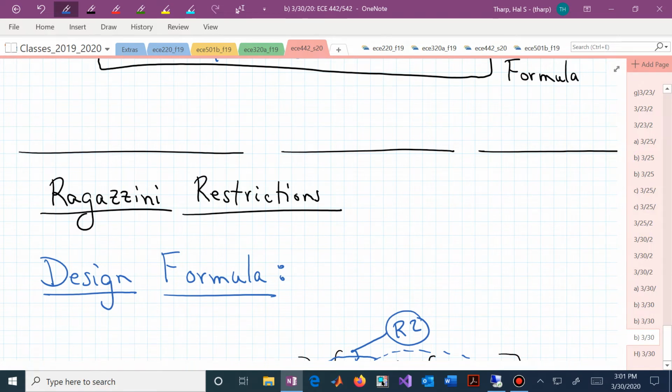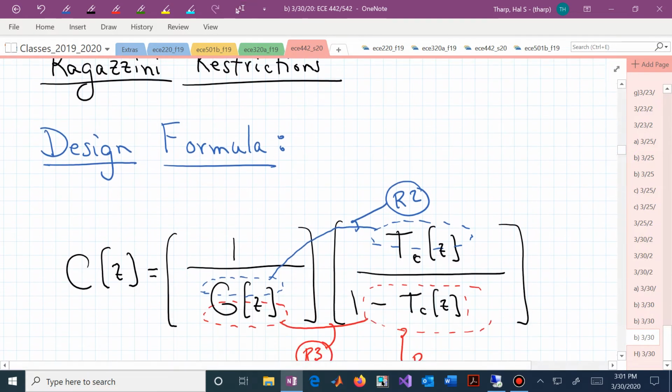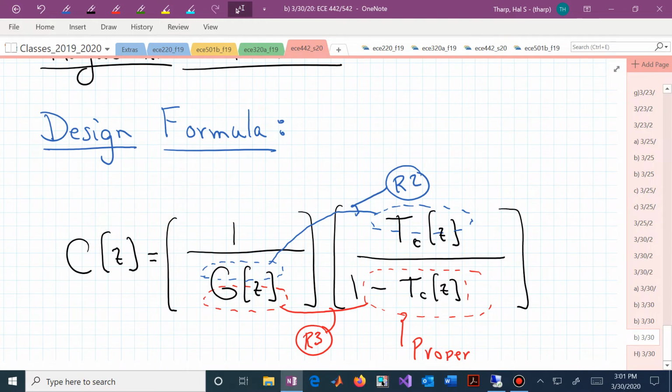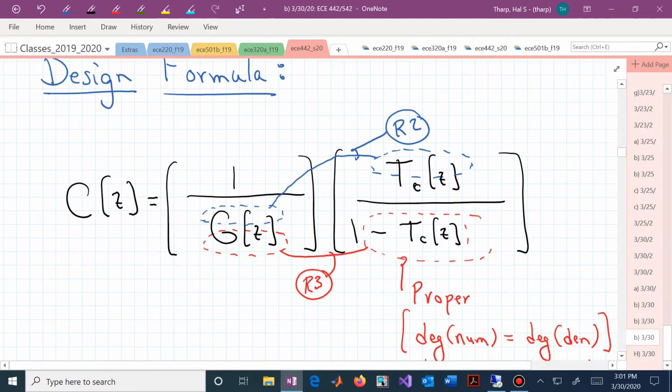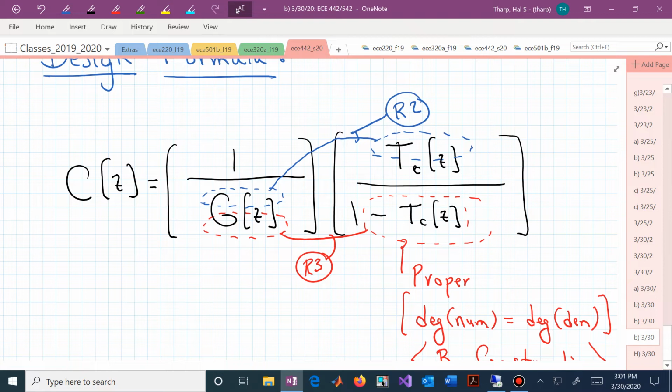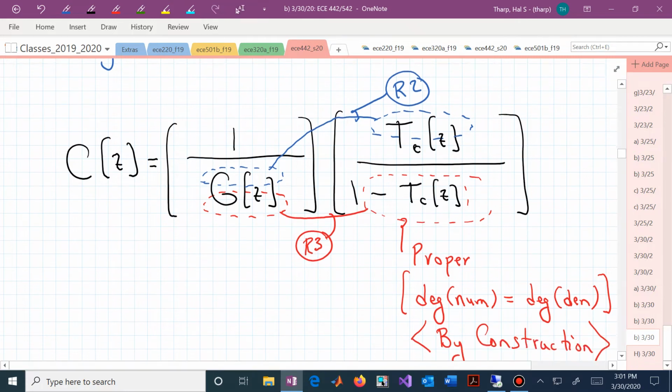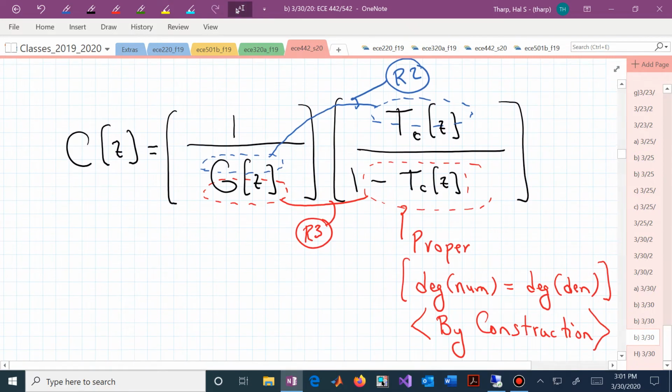So the two middle restrictions, restriction 2 and restriction 3, are trying to avoid having our controller C of z perform those pole zero cancellations. And the way that we're doing that is we're forcing those unstable zero factors in G of z to not exist in our controller C of z.